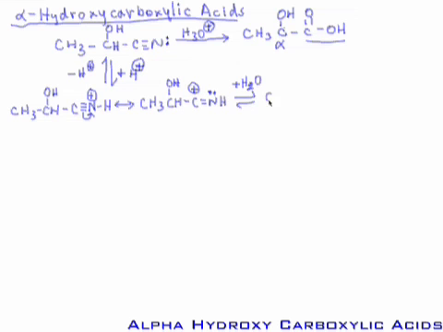Water is a weak nucleophile which will attack carbocations. If it adds, I get CH3, CH, OH, C, O. There's my water molecule that added. There's a lone pair there. And the double bond is here.